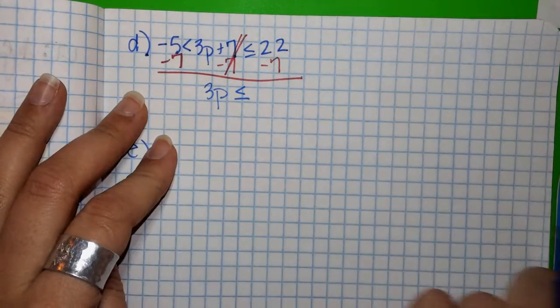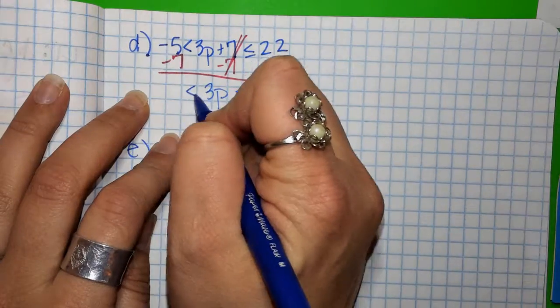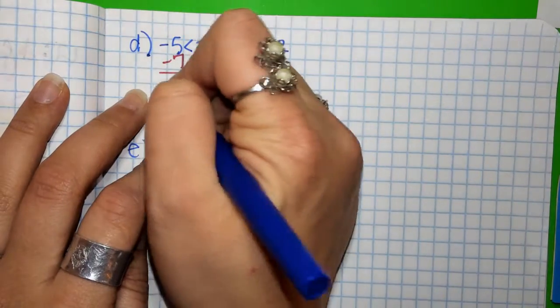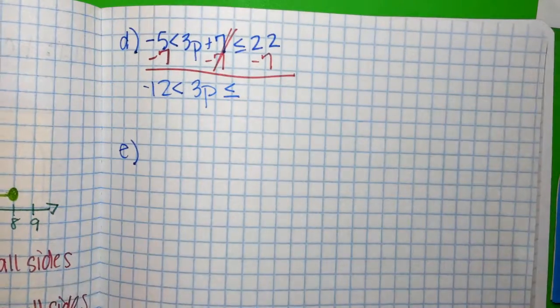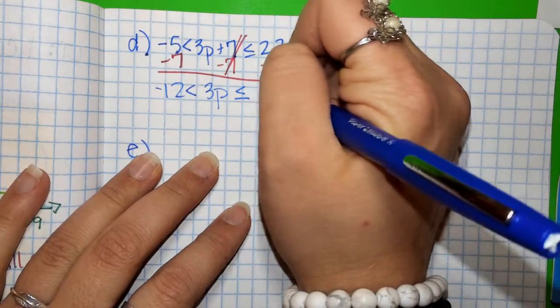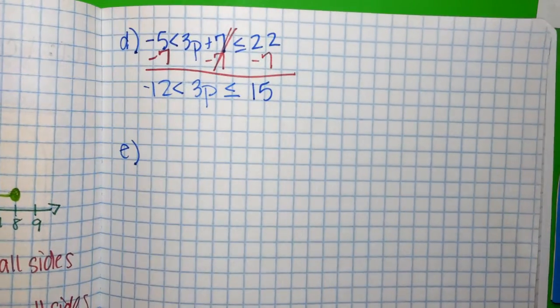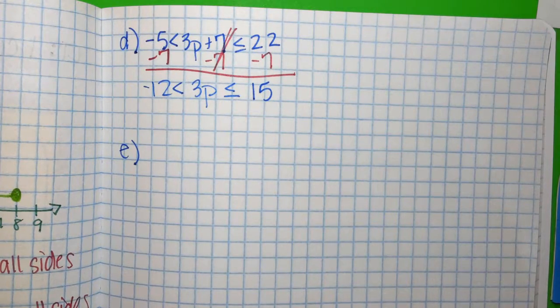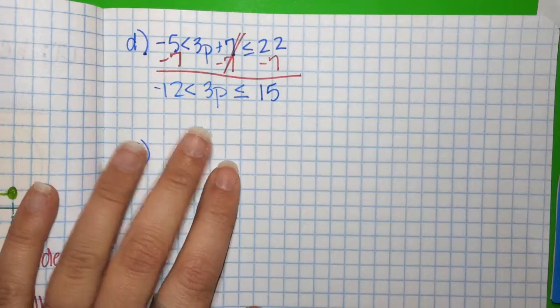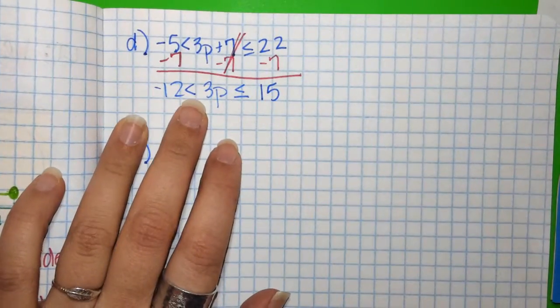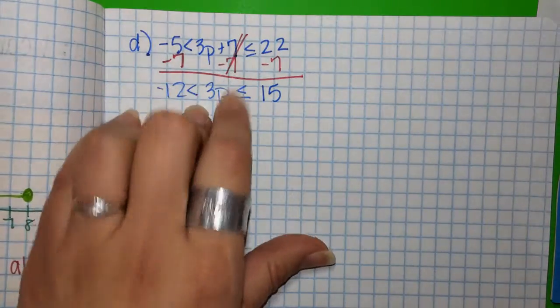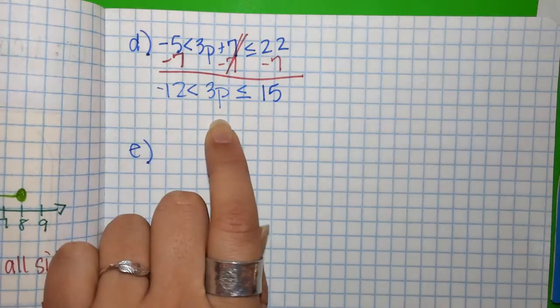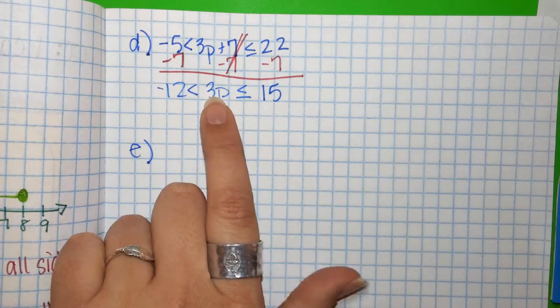All right, what's negative 5 minus 7? Negative 12. Awesome. And what's 22 minus 7? 13. Now, do I keep my signs the same? Yes. Why?